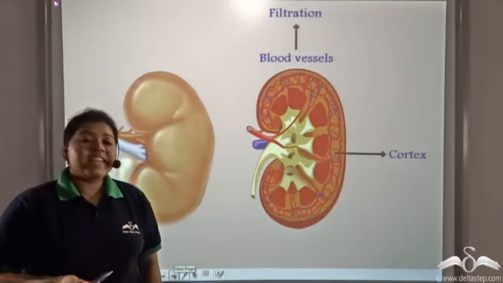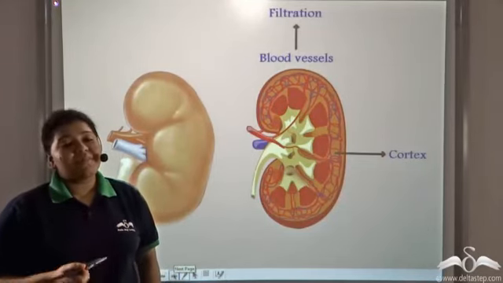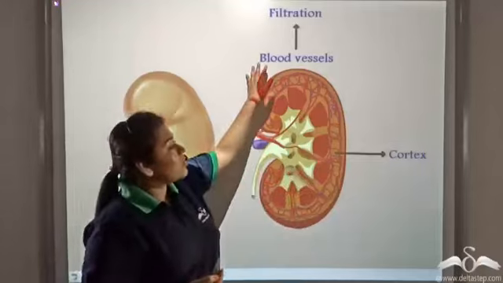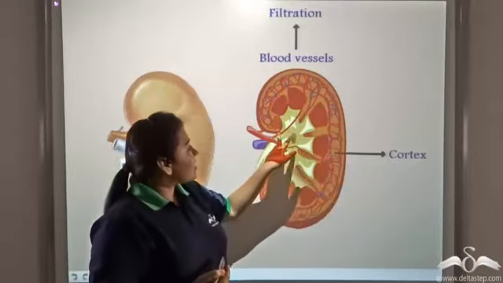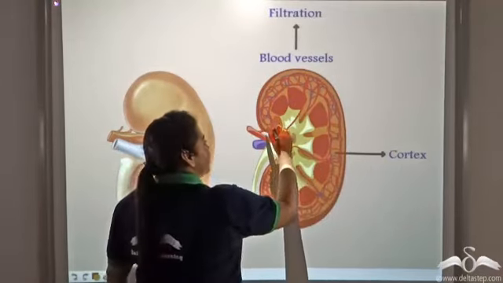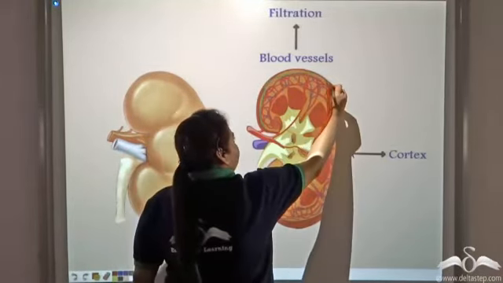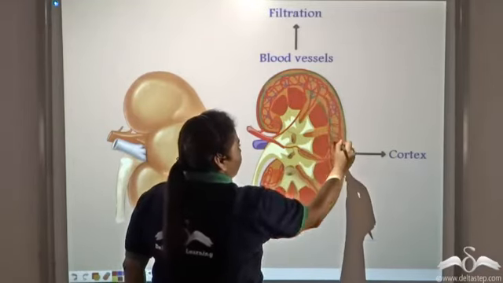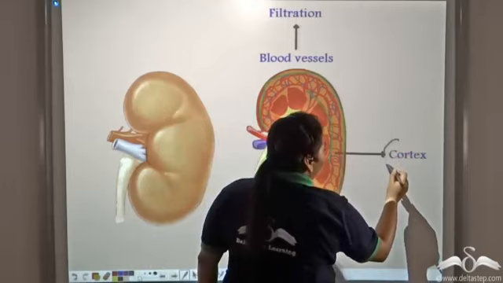So why is kidney the filtering unit of our body? Well, if you dissect a kidney longitudinally, this is what you're going to see. You can see an outer shell-like structure, this region. It is known as the cortex.